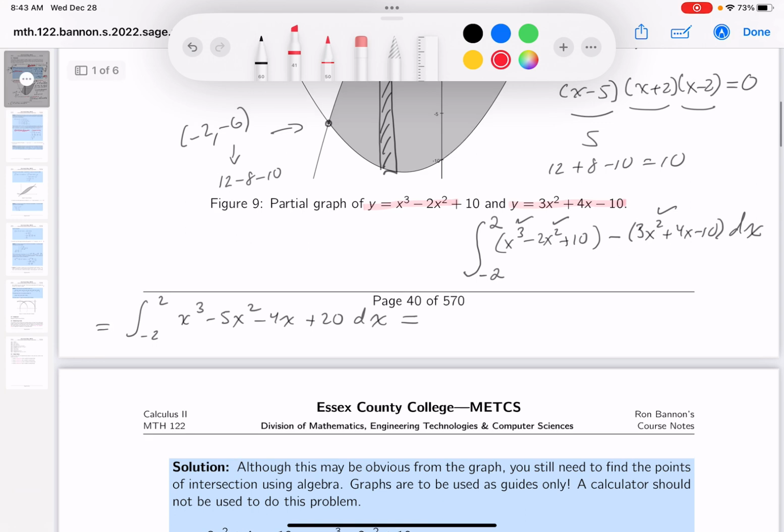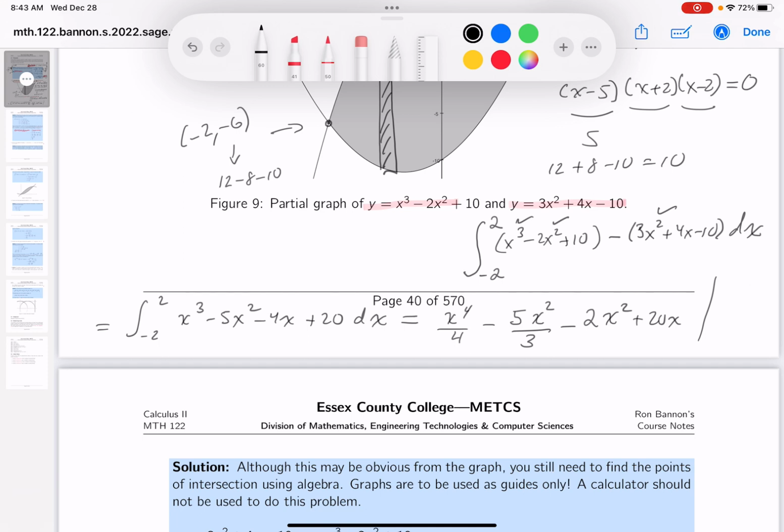Let's keep moving forward and do the antiderivative now. So we're going to get x to the 4th over 4. Remember, every step that you take is a step towards getting full credit. Let's see, that would be 5x cubed over 3, then 4x squared divided by 2, so 2x squared, and then plus 20x.